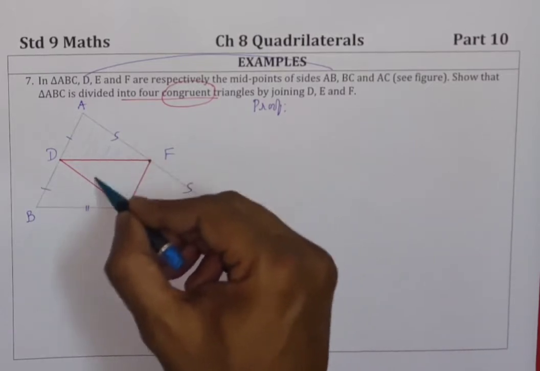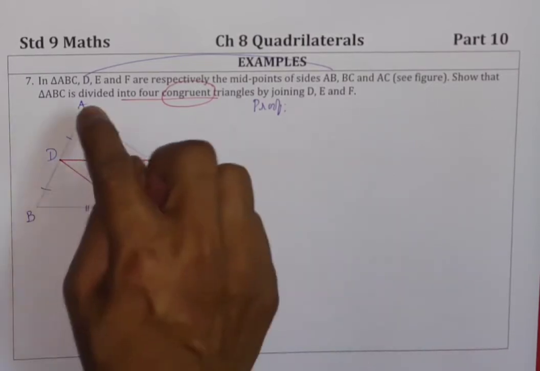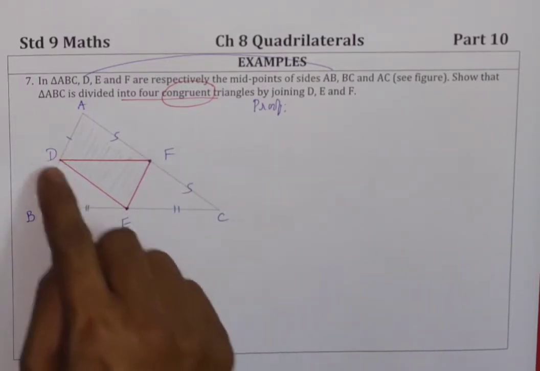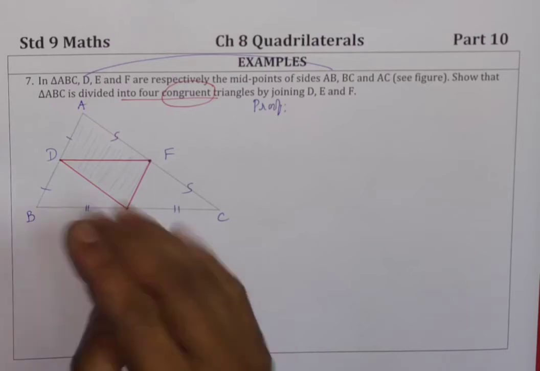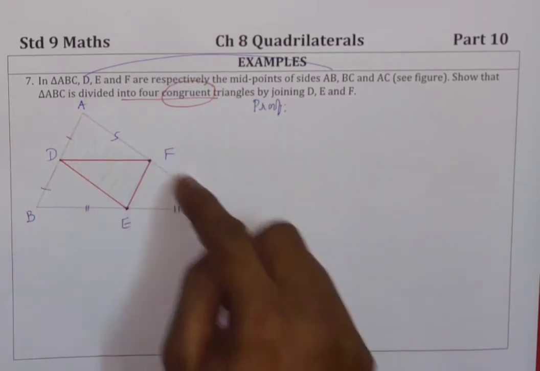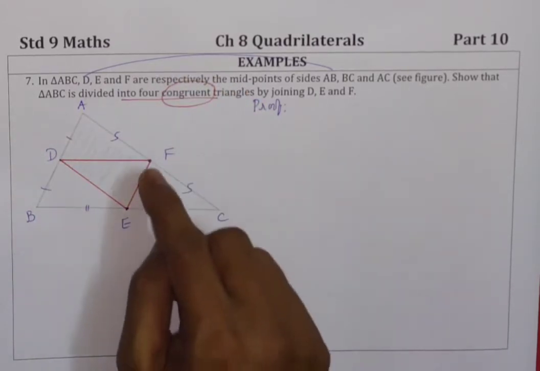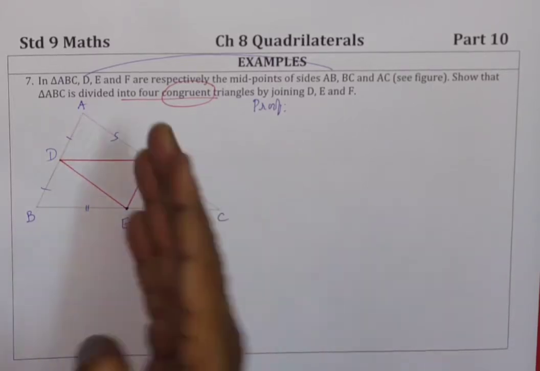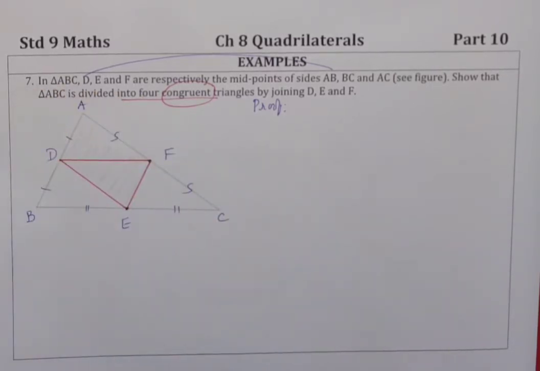How is it a parallelogram? D and E are midpoints of two sides, so the line segment joining the midpoints is parallel to third side AC. Similarly, E and F are midpoints of these two sides, so it will be parallel to third side AB.